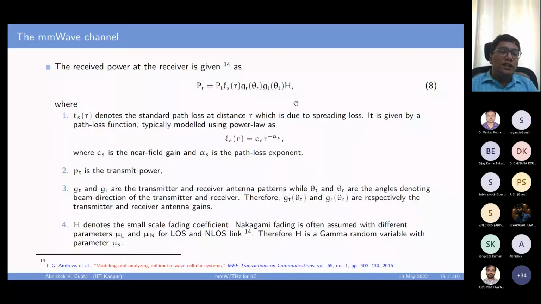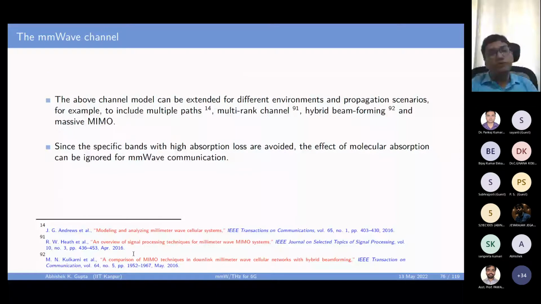Normally in millimeter wave, the fading can be taken as Nakagami, with different parameters for line of sight and non-line of sight links. Therefore H will be a gamma random variable with parameter mu_L or mu_N. This is a very simple model, but you can extend it to different environments and propagation conditions to include multiple paths, multi-rank channels, hybrid beamforming, and massive MIMO.